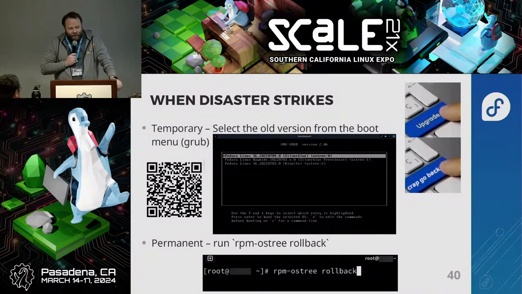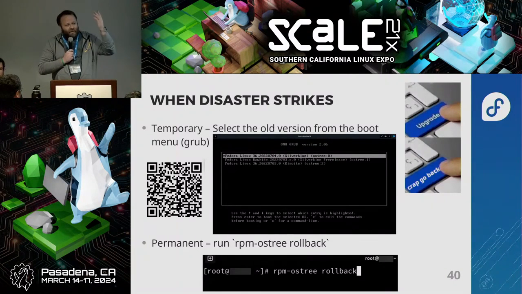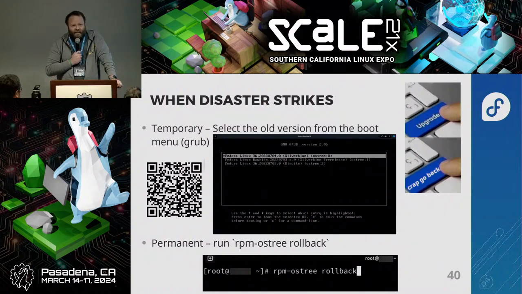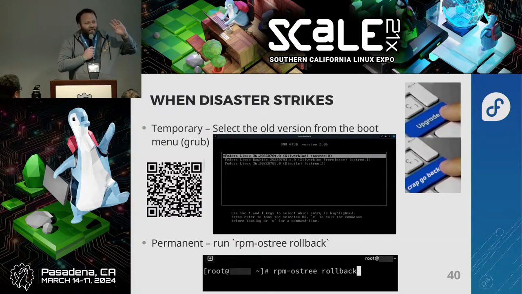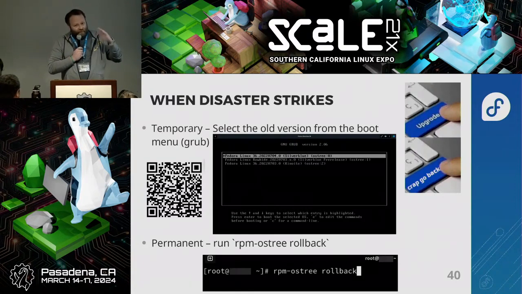The more permanent way of doing it is like logging into the terminal, running rpm-ostree rollback, and it restages, rebuilds the tree, you're done, right? But what's really nice is this also works between different, as you saw, like there was 39 for Silverblue and for Kinoite. I don't know if you've ever tried to install a new desktop environment on top of another one, to try to have both.